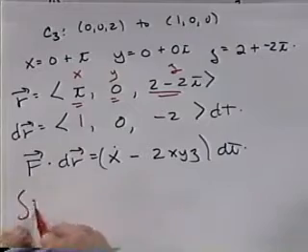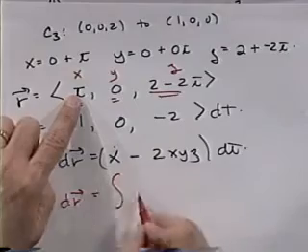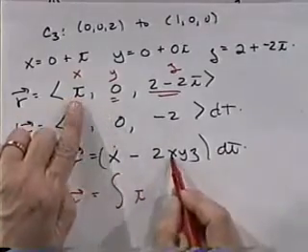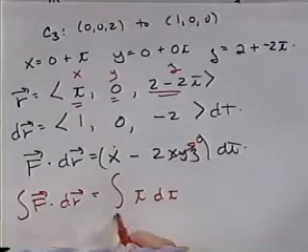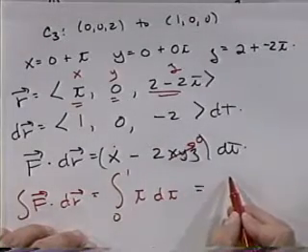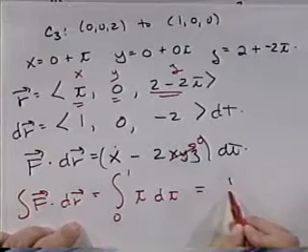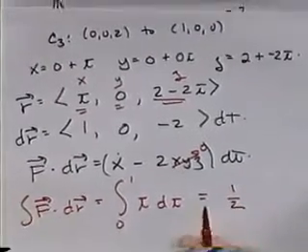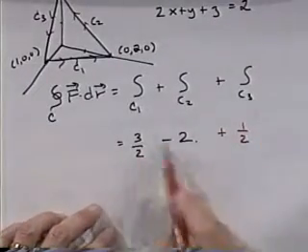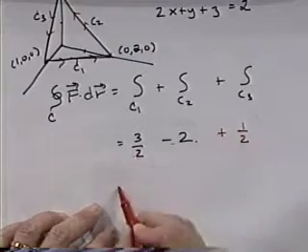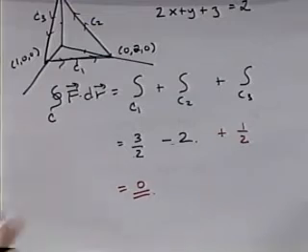So for x I replace it with t, but y is 0, so that part drops out. So we just have the integral of t dt as t goes from 0 to 1, and I already did that one. I got a half. So that final integral turned out to be a half. And so if we add these up, 3 halves and a half is 2, minus 2, all that to get a 0. All of that to get a 0.